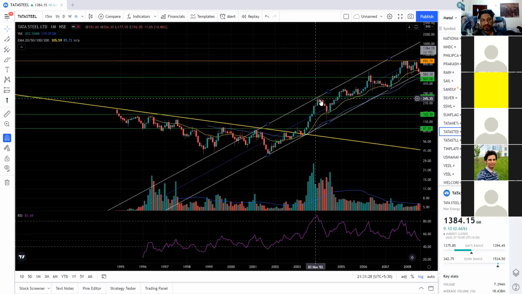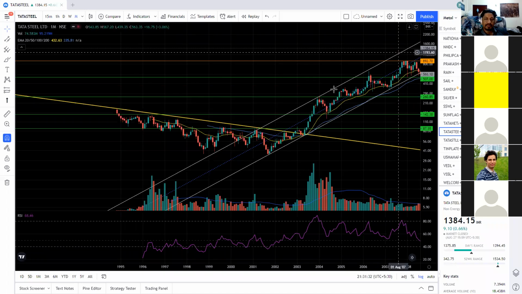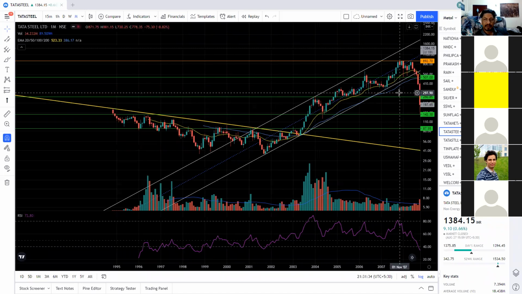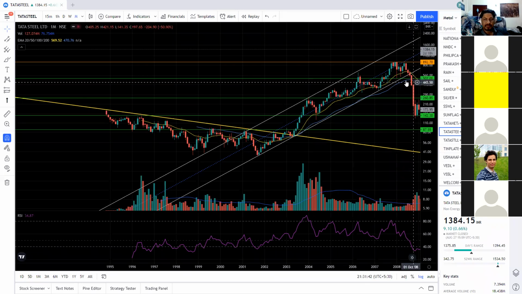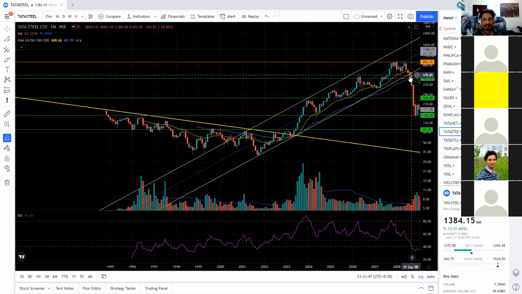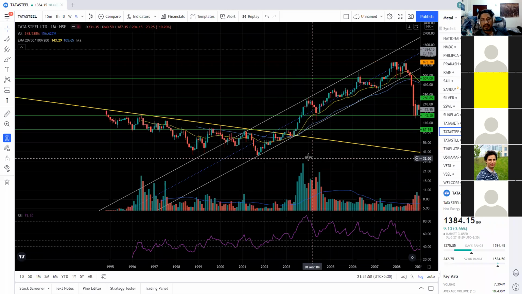Swing high, swing low, swing high, swing low, swing high, swing low, swing high, swing low. If this particular trend is broken, previous support has broken, price came below the 20-week and 50-week, can we say this was the time to exit? Yes. Time to exit because it broke support.